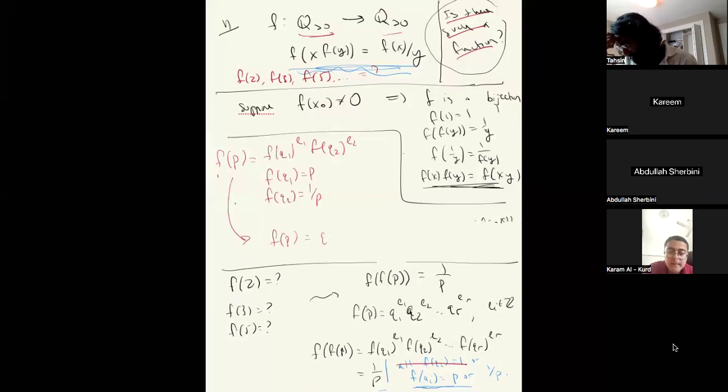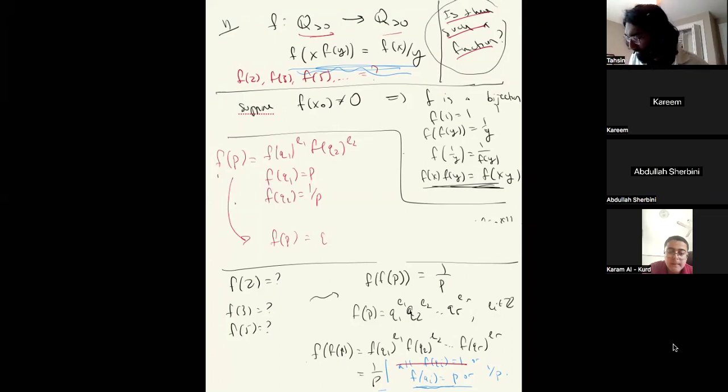So if f of p is f of q1 to the e1 until f of q5 to the e5, by pigeonhole one of them must be the same, but we have a bijection. Maybe you can say it one more time.